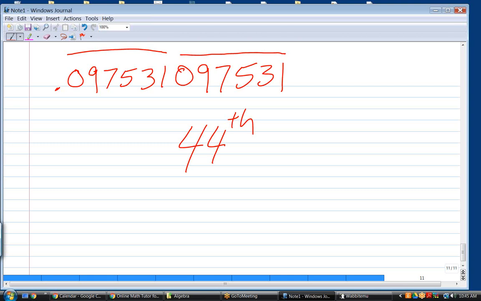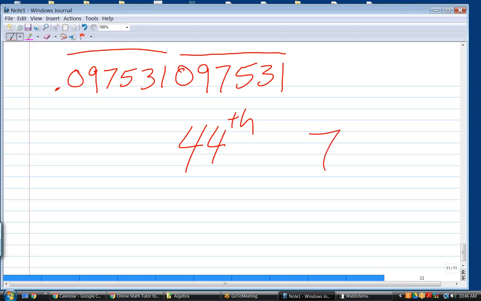First of all, divide 44 by 6, because you know that there's 6 spots for each repetition. What do you get? 7.33.